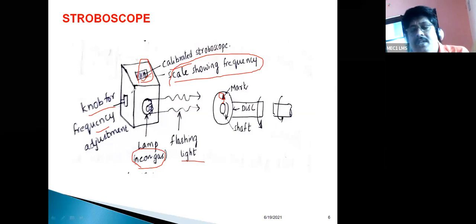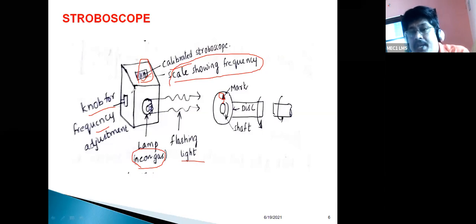When the flashing light from the lamp is focused on one point, that is a mark on the disc mounted on a rotating shaft, then by adjusting the knob, the frequency of the flashing light changes, and then it focuses on the mark.